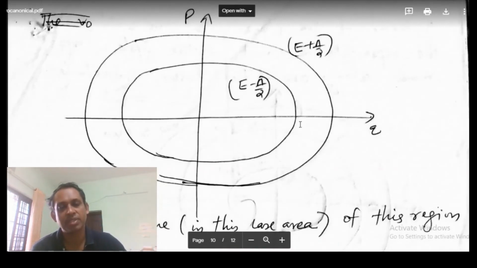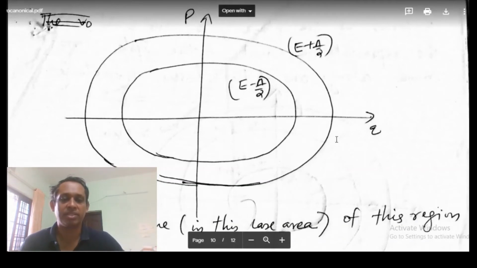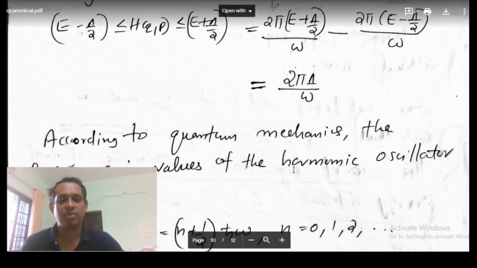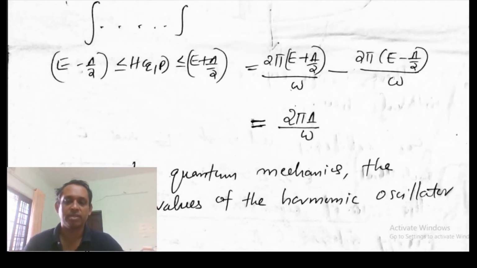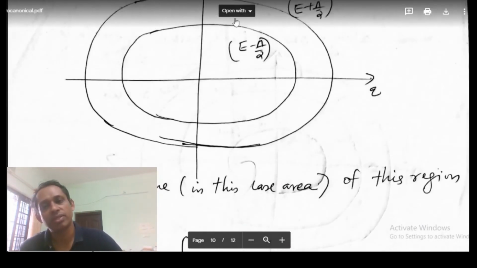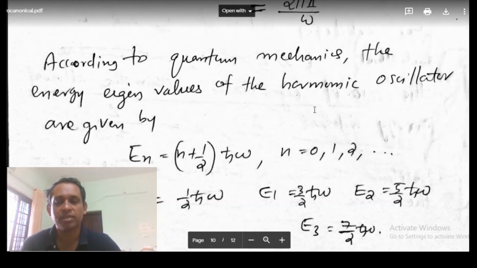If I subtract the area corresponding to E minus delta by 2 from the area corresponding to E plus delta by 2, I will get this portion. As we subtract, we get 2 pi delta by omega. So the area of this portion corresponding to energy E minus delta by 2 to E plus delta by 2 is 2 pi delta by omega.